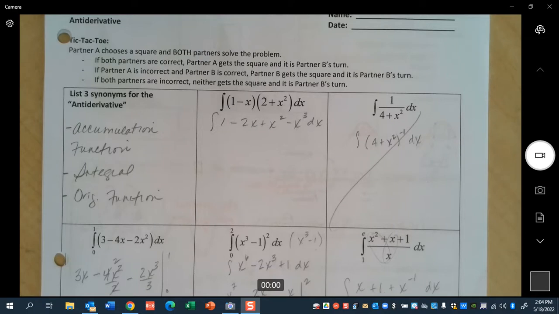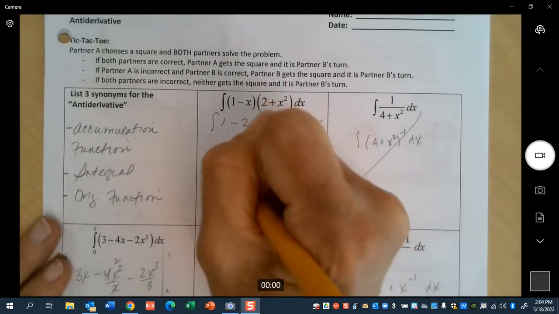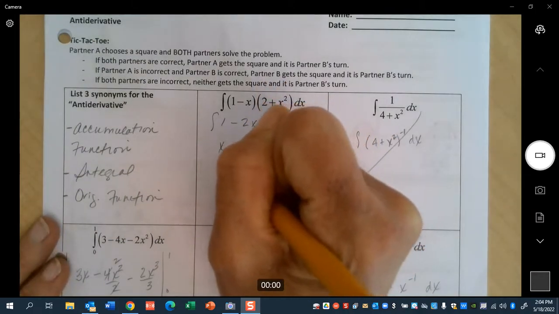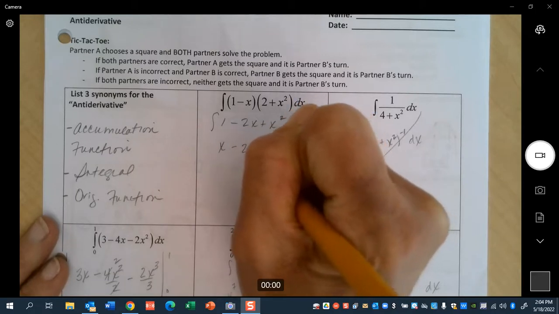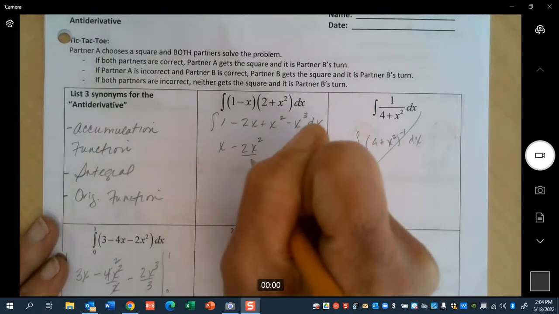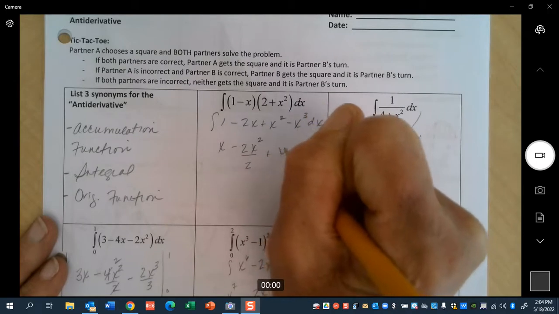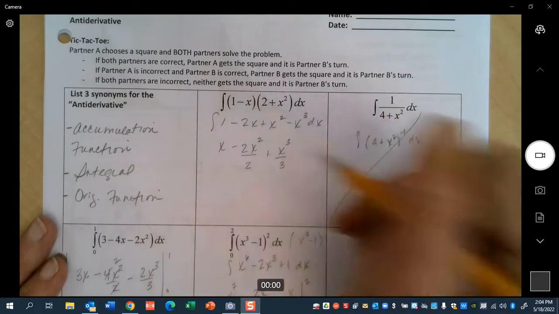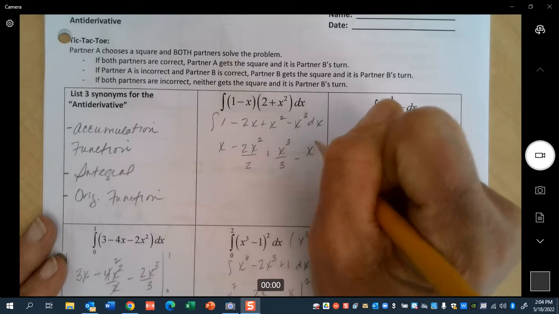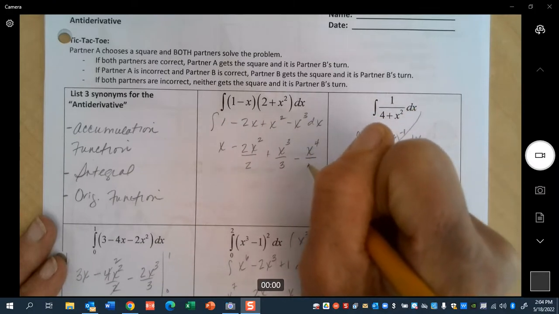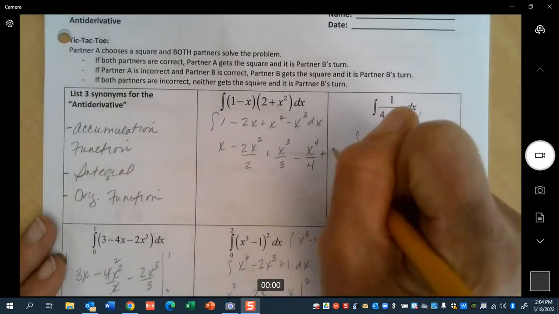Okay, this second box, when you FOIL first, outer, or last, then you can go ahead and take the integral. So then each term becomes x to the 1 more power, divided by the new power, and then you have your plus c.